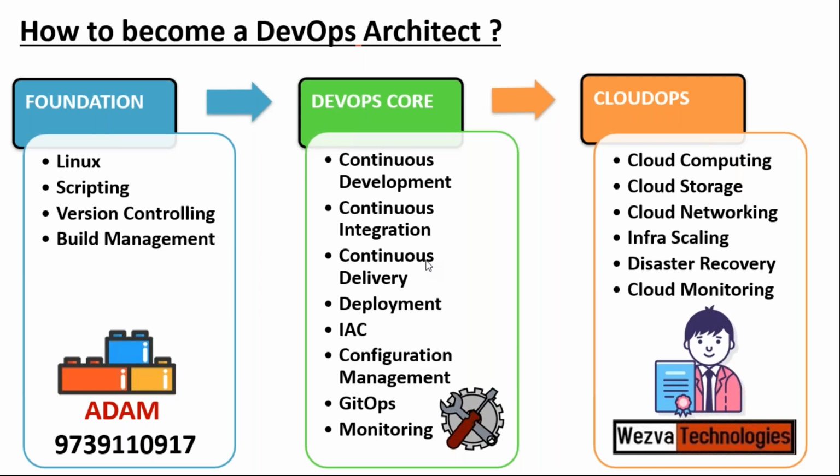However, if you also want to go to organizations where, regardless of whether you join the product team or the operations team or a combination of both, the companies expect that you should also be aware of how you manage the infrastructure on the cloud.